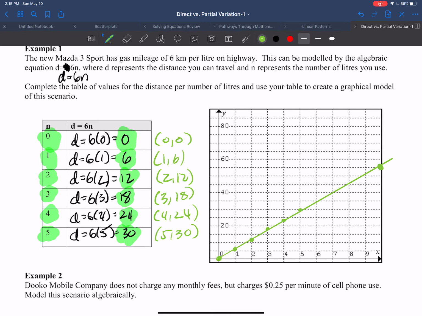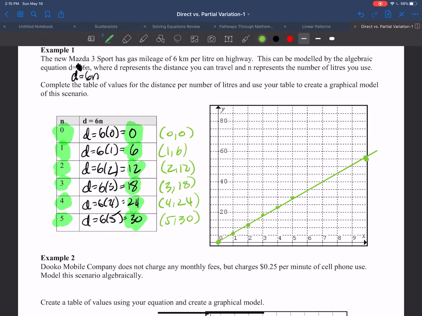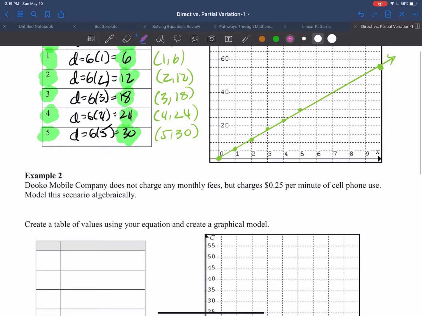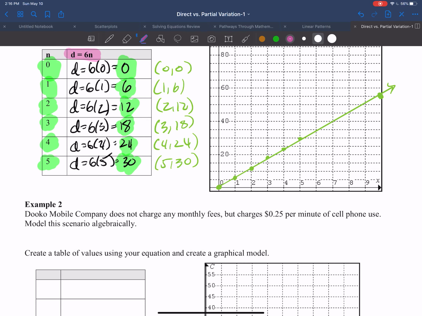Use a ruler. Okay, so we have an equation, we have the table of values, and we have a graph. I'm going to show you the next example and come back and we'll talk about what the similarities are and what makes both direct variation.